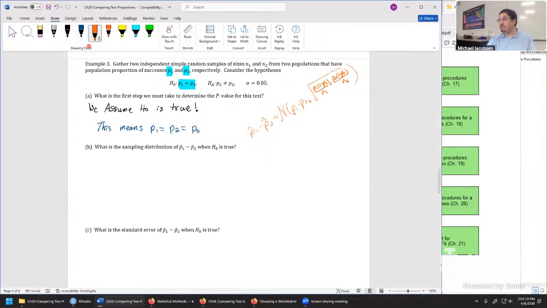But if the null hypothesis is actually true, you have a value now you can put in. You can put P naught right here because P1, P2, it's the same exact parameter. So we can now say P hat 1 minus P hat 2 is distributed normally. And in this position, that's just going to be a 0.